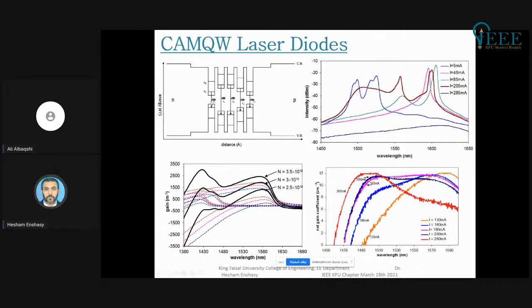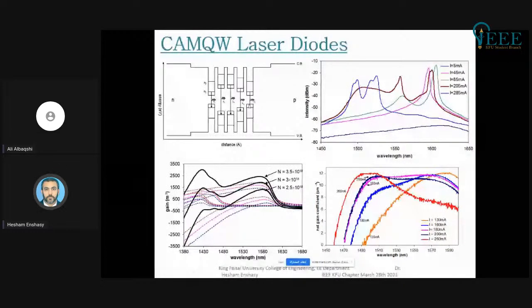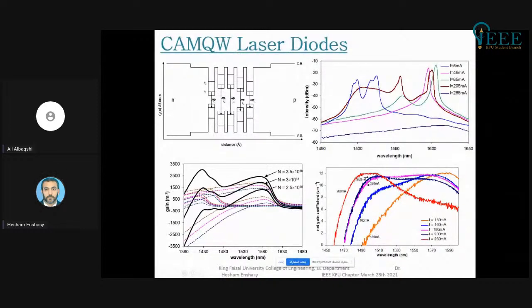Here is one of the 5 quantum wells that I talked to you about, and this is actual data. We verified it using experimental data for the tuning spectrum of this quantum well laser diode. This is the actual measured gain profile, and you can see the gain is flat at around 180 milliampere injection current.